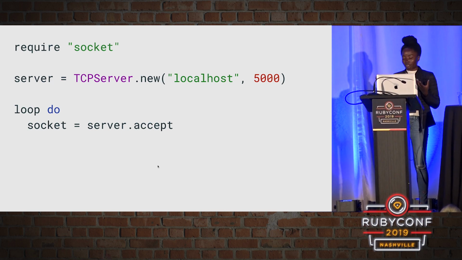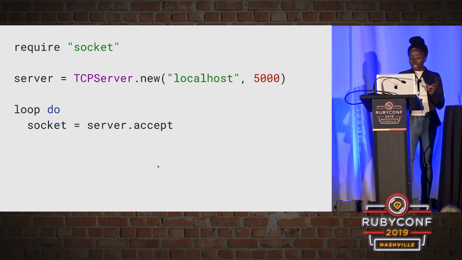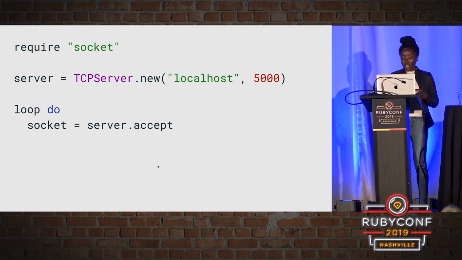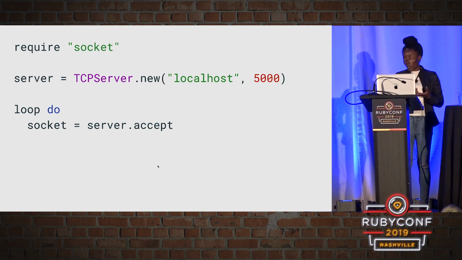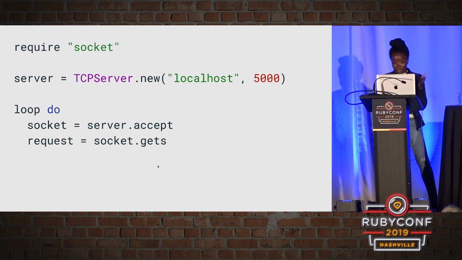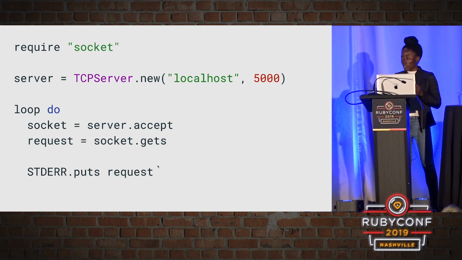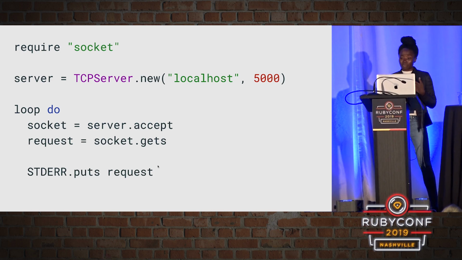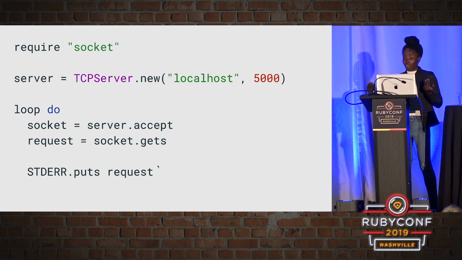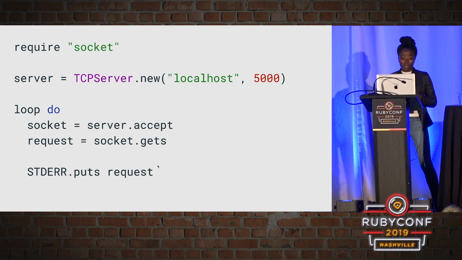Once our server has been connected to, we need to be able to read the request that has just hit our server. And how we do that is using the gets method, which essentially reads the first line of the request.